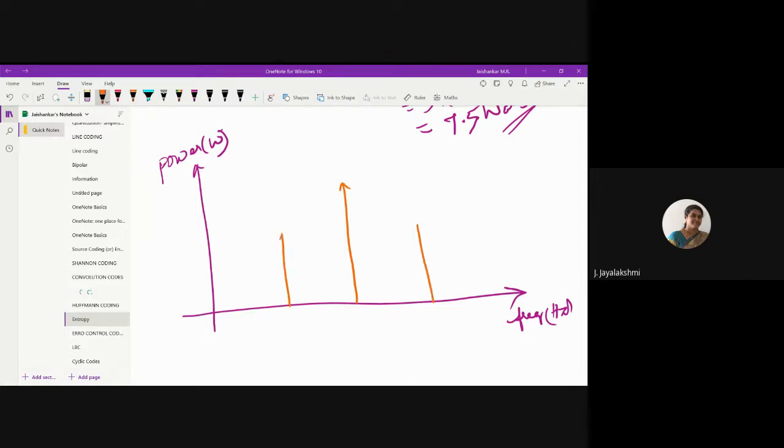Of course, you don't know the frequency because in the problem, the frequency is not stated. So instead, you generally write it as carrier frequency, lower sideband frequency, and upper sideband frequency. Carrier power is 5 watts, this is 1.25 watts, and this is also 1.25. So this is how you are supposed to solve this problem.